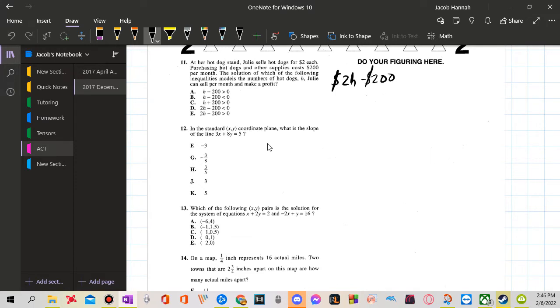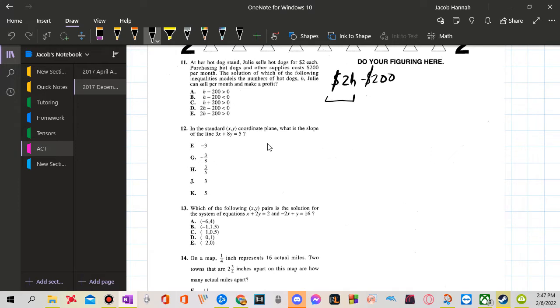So a profit is how much you're getting out of a business minus how much you put into it. So pretty much the total amount of money minus how much money you put into the business. All the money she'll be making from this business is from the hot dogs. If she makes $2 per hot dog, this is where all her income is coming from.